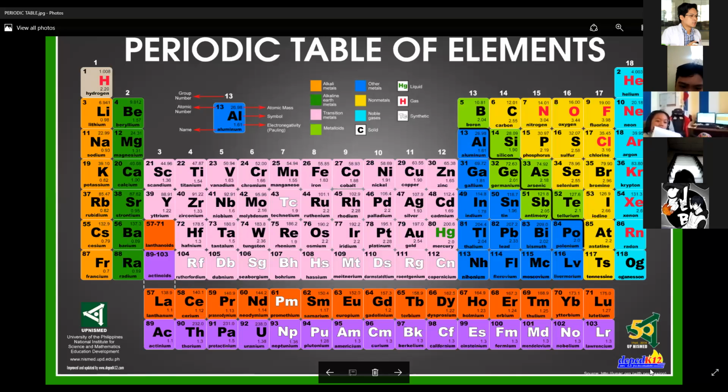Any other element except mercury? Iodine. Okay, what is the atomic number of iodine? 53. Okay, it's 53. It's in here. So let's find out the electronic configuration of iodine.